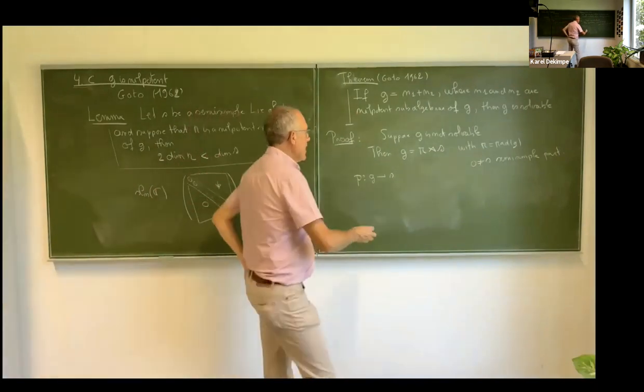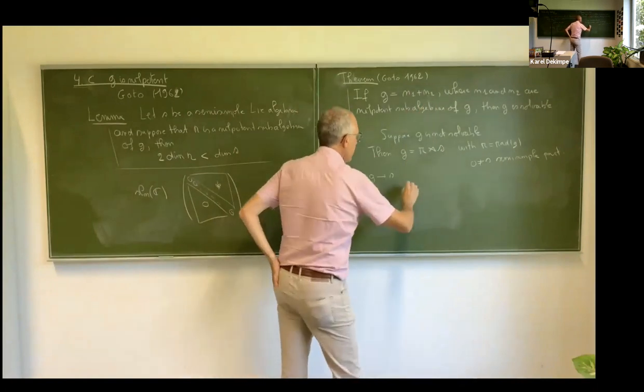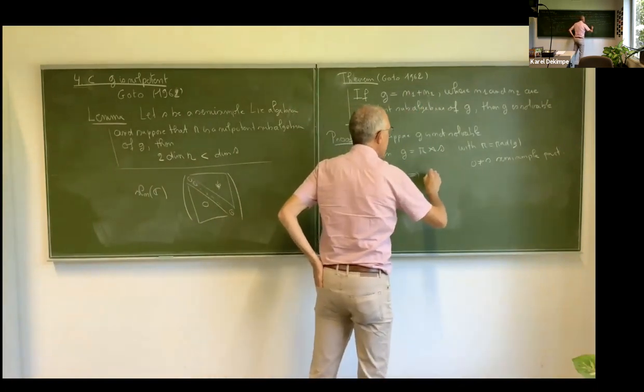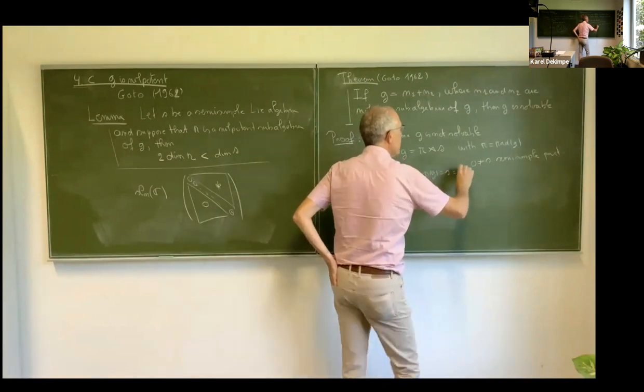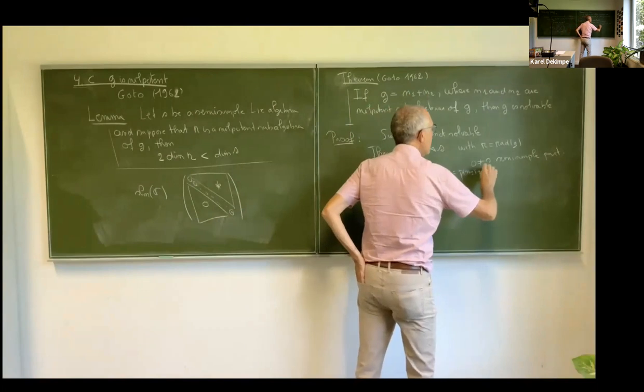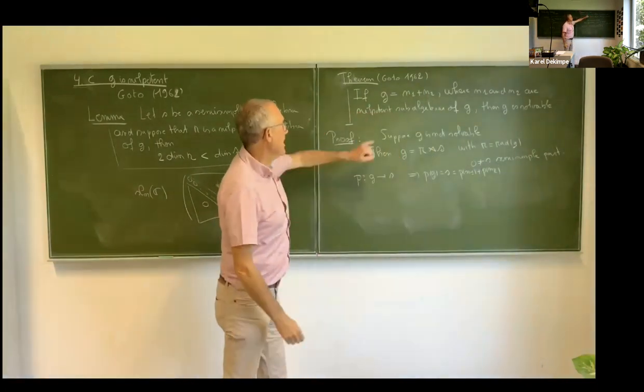Then it's obvious that if G is the sum of those two, it follows that P of G, which is S, has to be the sum of P of N1 plus P of N2. Just project down the two.